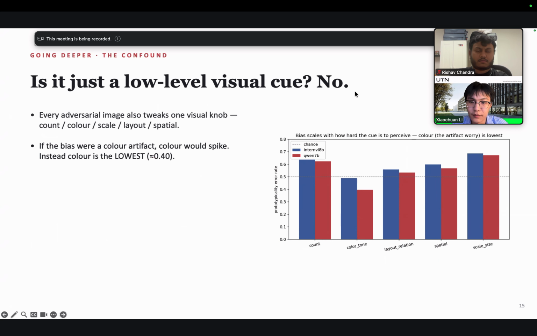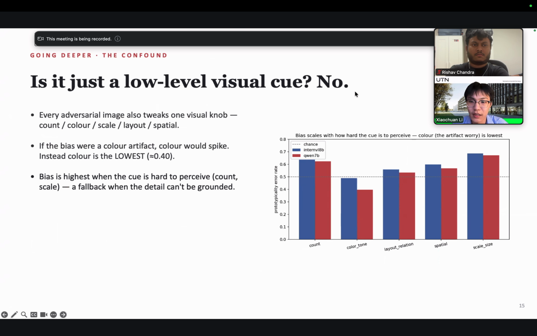But if this were a color artifact, color would spike, and instead color is the lowest. So we can see the bias is actually highest when the cue is hard to perceive, like count or scale. And critically, whales still beat morality within every single knob. So the attribute effect isn't a knob artifact either.